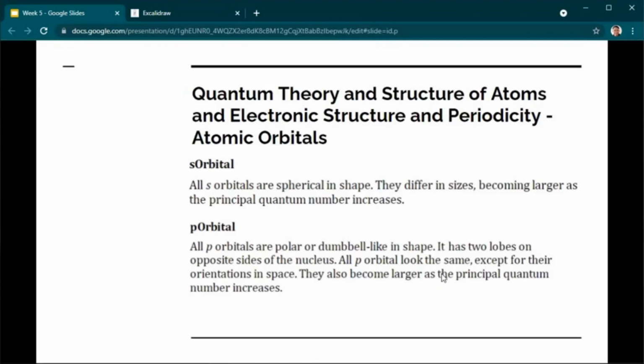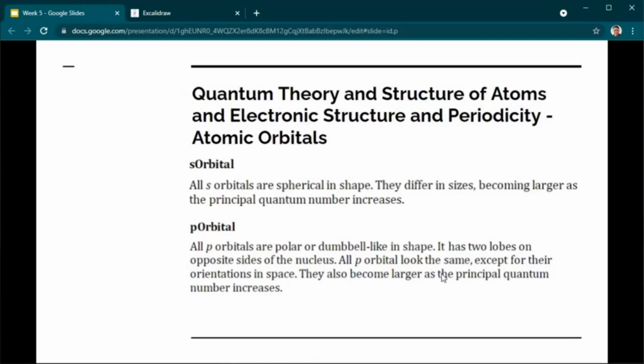So for the atomic orbitals, all s orbitals are spherical in shape, so they differ in sizes, becoming larger as the principal quantum number increases, as we've shown from the illustration. The p orbital, or all p orbitals, are polar or dumbbell-like in shape. Yeah, dumbbell. Why did I mention dipole? Anyway, it has two lobes on opposite sides of the nucleus. All p orbitals look the same, except for their orientation in space.